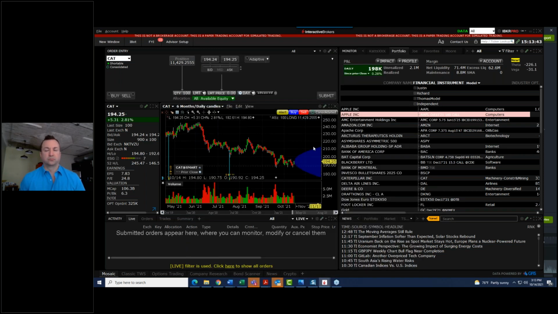So if I just select a single standard deviation to add to this chart, it's now going to give me a cone, a single standard deviation cone through, and I think I've got this set to something like, okay, that's about November expiration, around the 19th of September. So you can see what a 1 standard deviation move based on the prior 30 days trading for Caterpillar would look like. So that's what I was kind of hinting at.